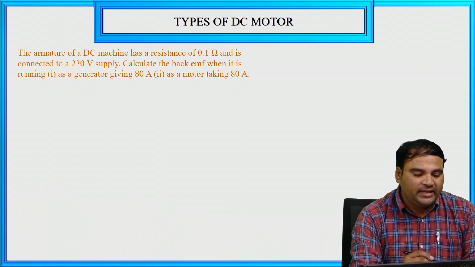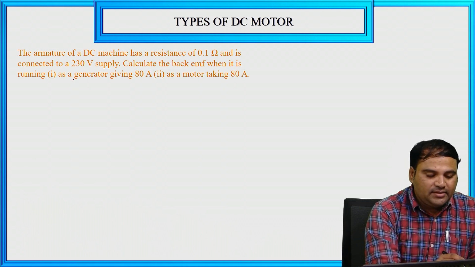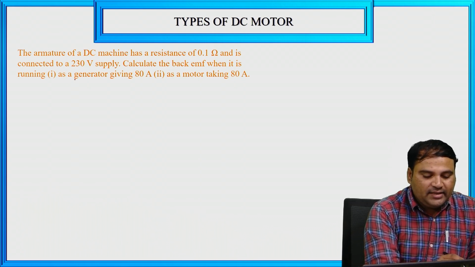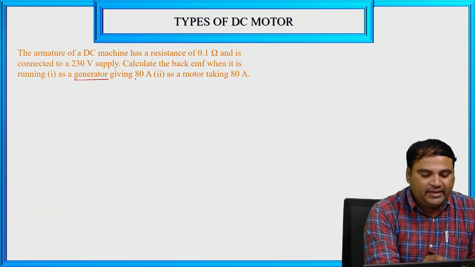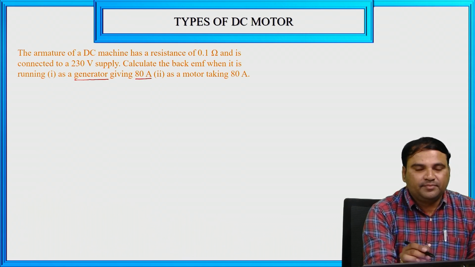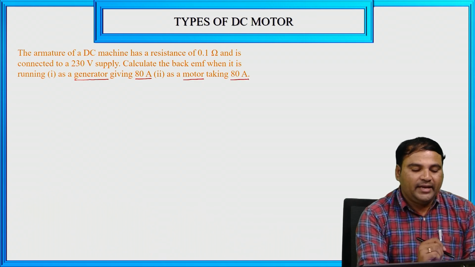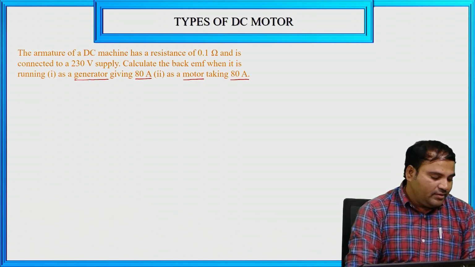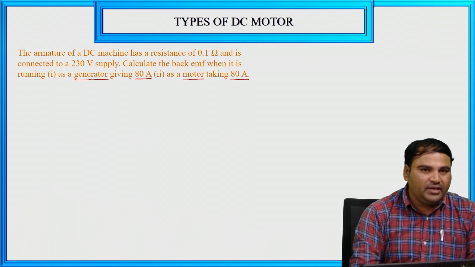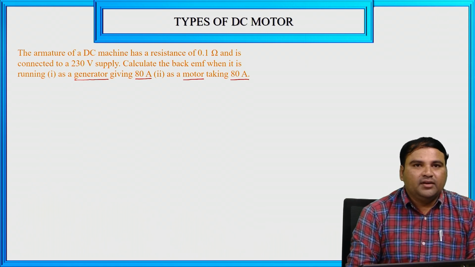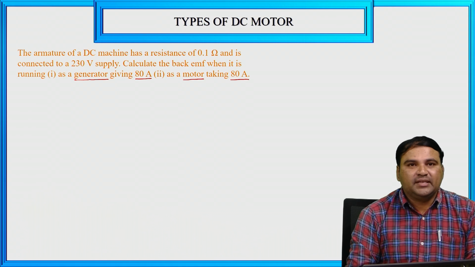So first bit is, when it is running as a generator, the current is 80 amperes, and if it is running as a motor, the current also 80 amperes. So here we have to calculate the EB. If it is a generator, what is the generated EMF? If it is a motor, what is the back EMF?